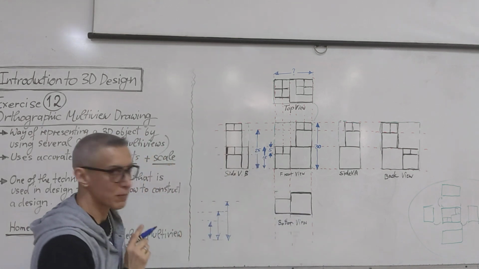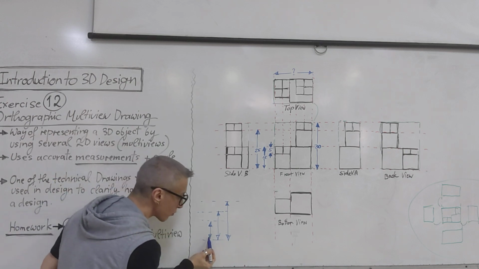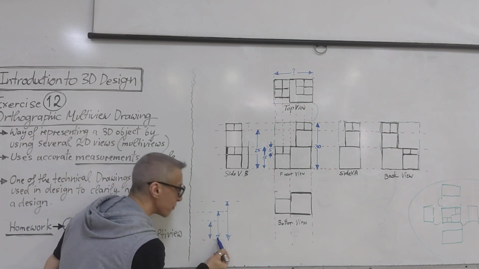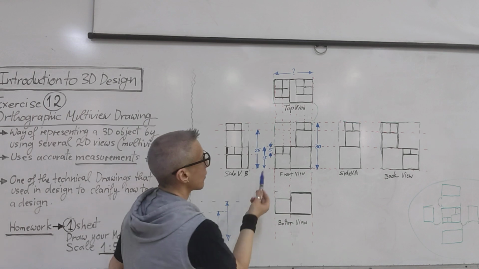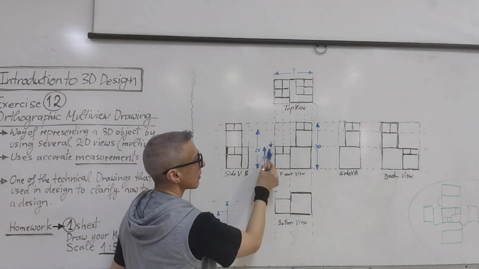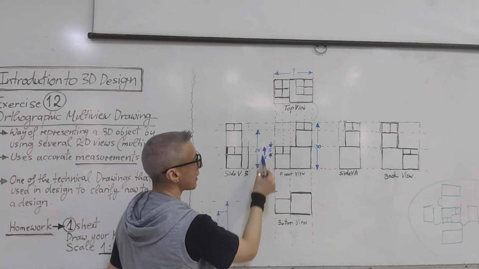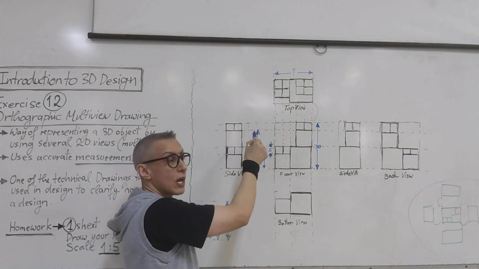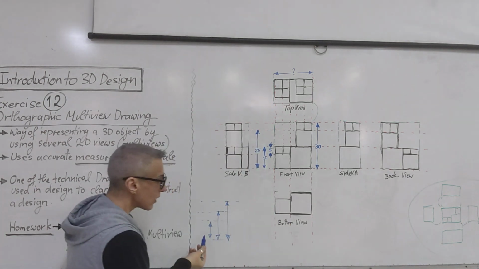So you're showing certain measurements. Always, you need to start with the small, then go to the bigger and bigger. So, for example, this here is the small measurement, this is the bigger, and this is the biggest. I cannot do it in a different way.